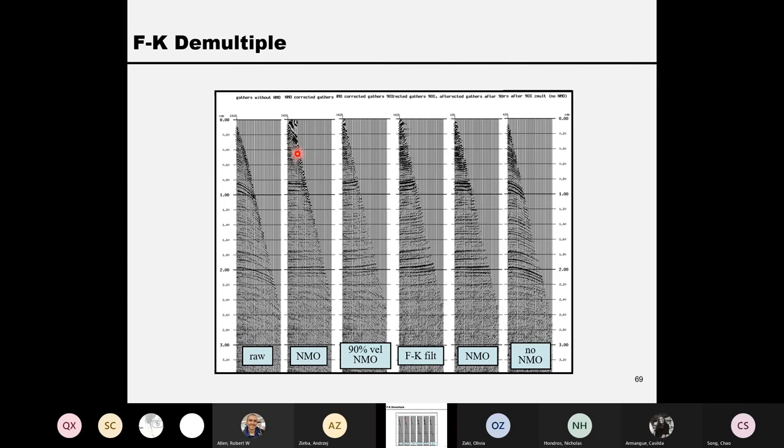What did we do for NMO? We have two ways to get rid of the stretching factor. I think I introduced two ways to do that.